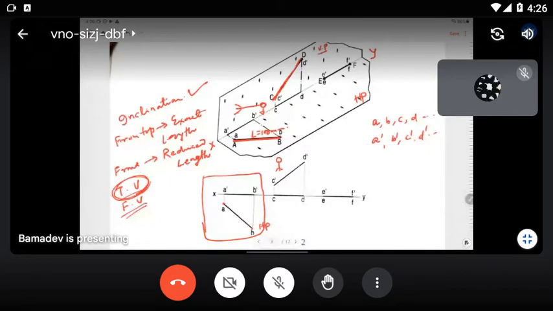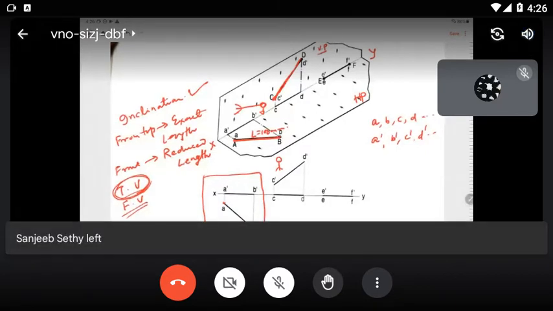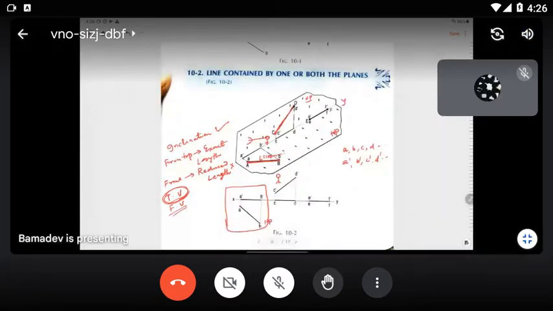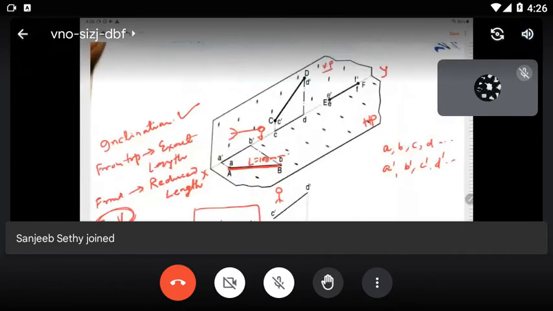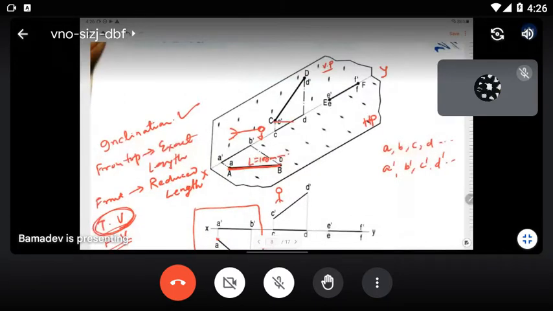So in the second case, you observe, since it is parallel to the vertical plane, when you are standing here from the front, you are seeing the exact length. So you draw the front view, C dash, D dash.